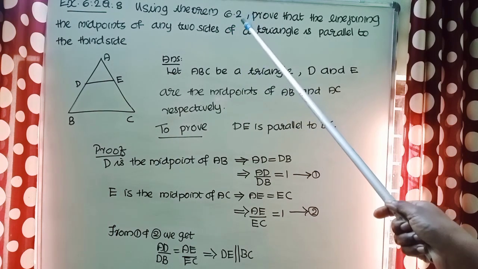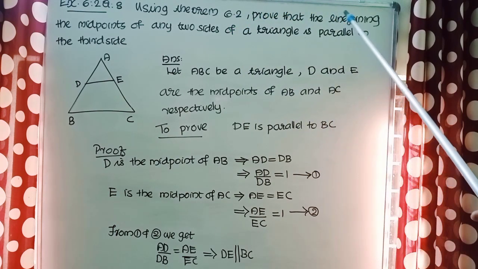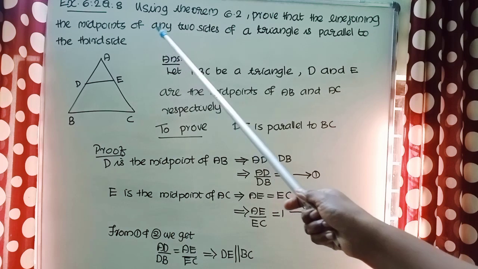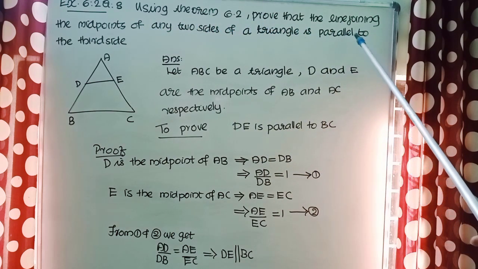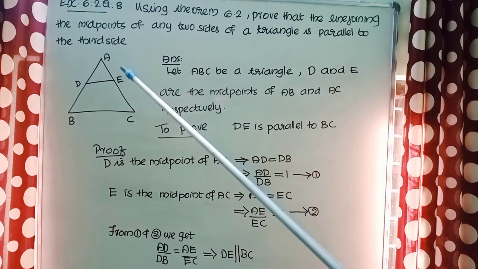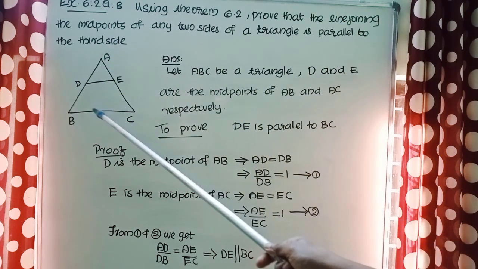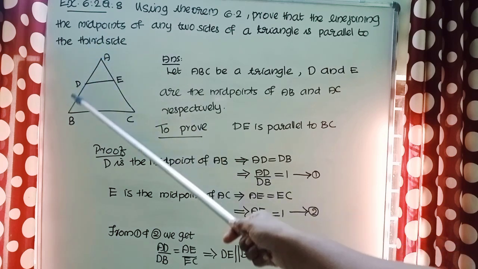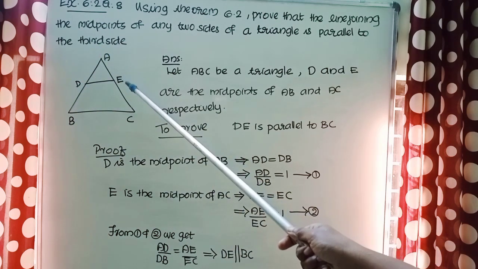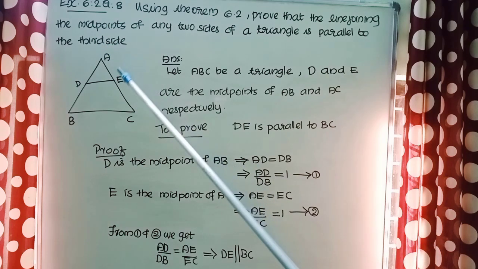Using theorem 6.2, prove that the line joining the midpoints of any two sides of a triangle is parallel to the third side. So here is given a triangle ABC. D is the midpoint of AB and E is the midpoint of AC.